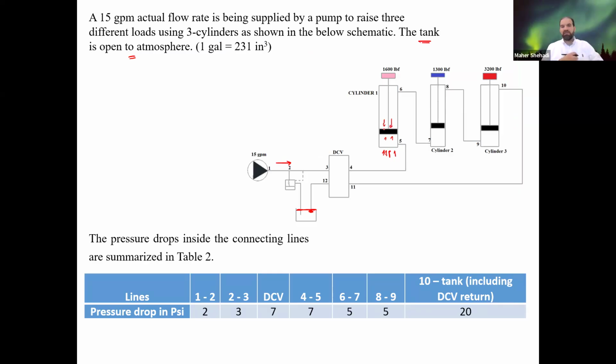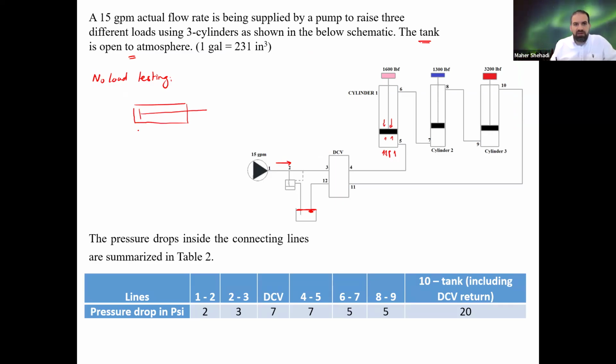So just as a reminder, what's the no load testing? It's when you take each cylinder by itself with no load, and you put it on a testing machine, and you check the pressure before and after, and then you start running this. So you would have the two pressures during no load testing.